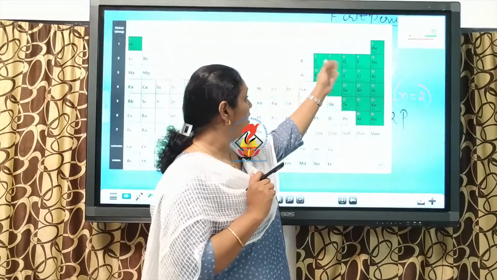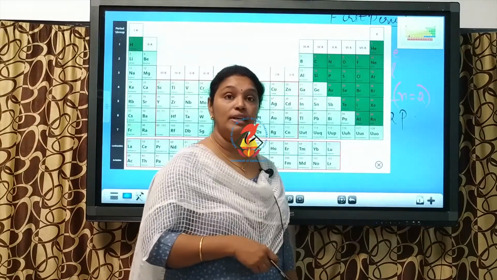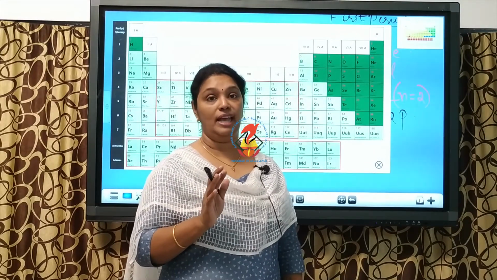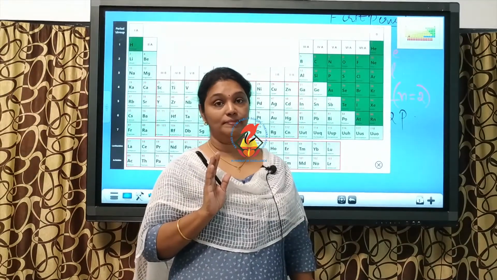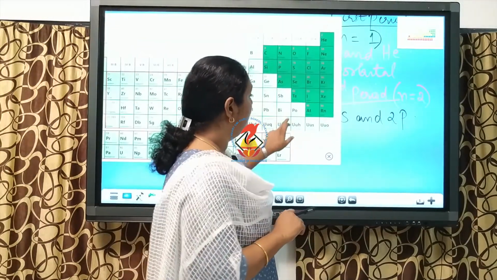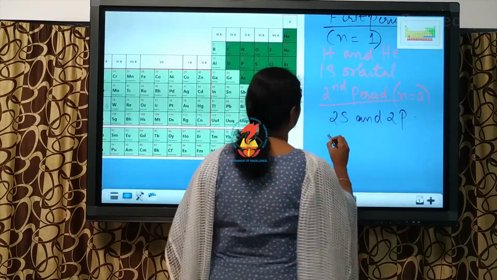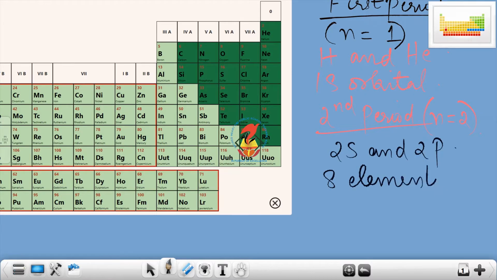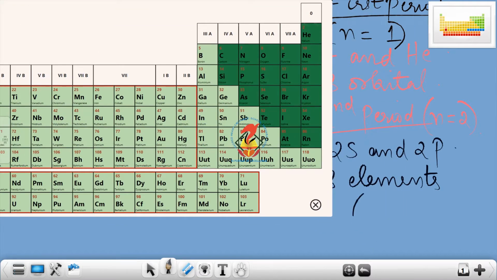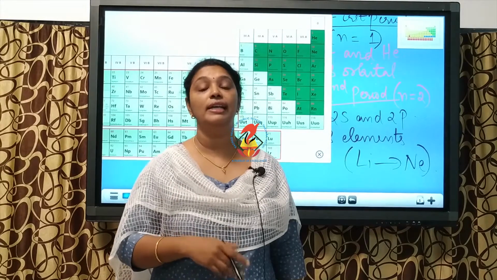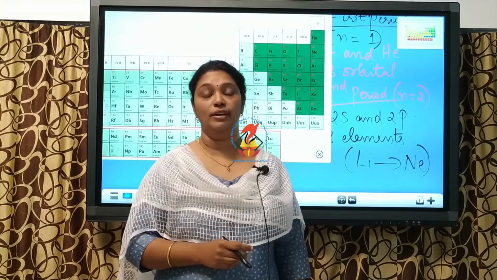Then comes carbon, each p orbital gets filled, and with neon the p orbital gets completely filled, and the configuration of neon is 1s2, 2s2, 2p6. So here we have 8 elements, the period starts with lithium and ends with neon. You should know the names of the first and last element of each period. Lithium to neon is the second period of the periodic table.